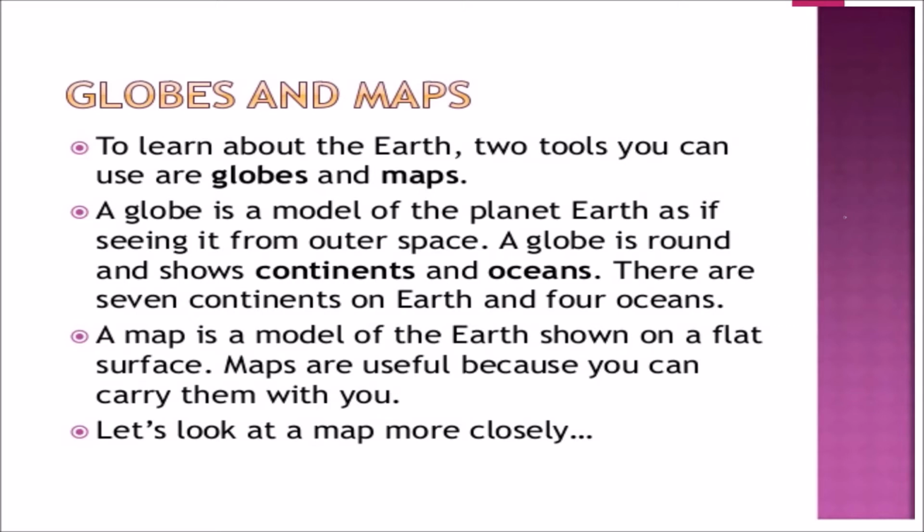Next, we have to know what is meant by a map. A map is a model of the Earth shown on a flat surface. Maps are useful because you can carry them with you. Let's look at a map more closely.